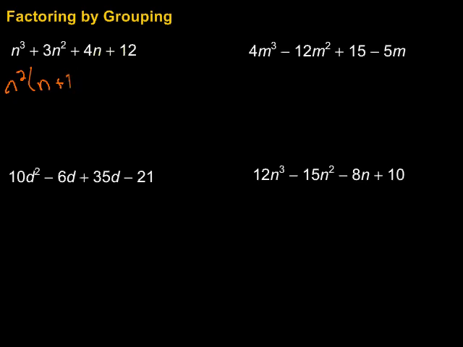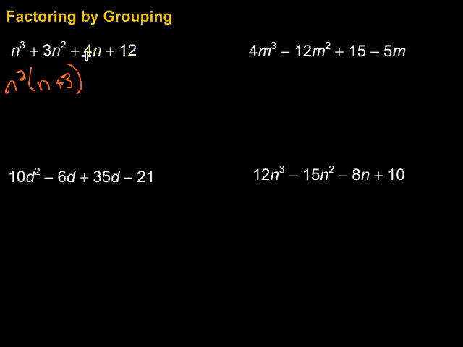Okay, now I took out an n squared out of the first one, and I was left with n squared times n plus 3. Let's look at the second 2 terms here. What can I pull out of both of those? Well, let's use the strategy of looking at the smaller number and see if that goes into the larger one.